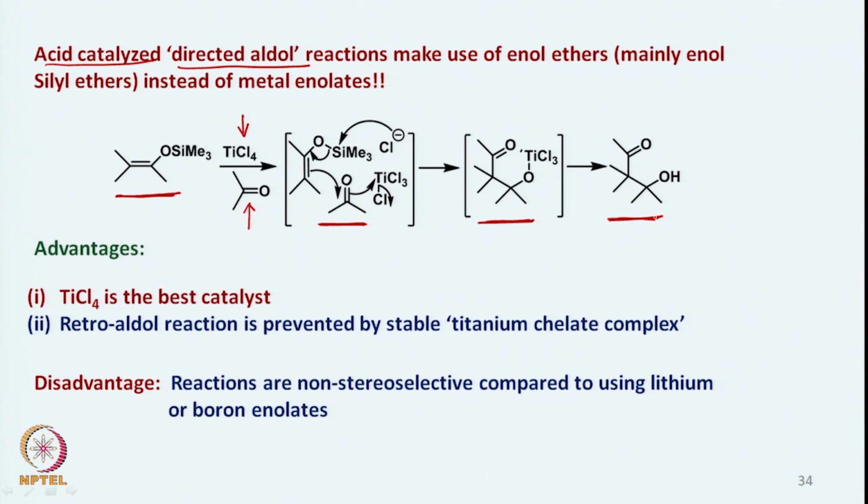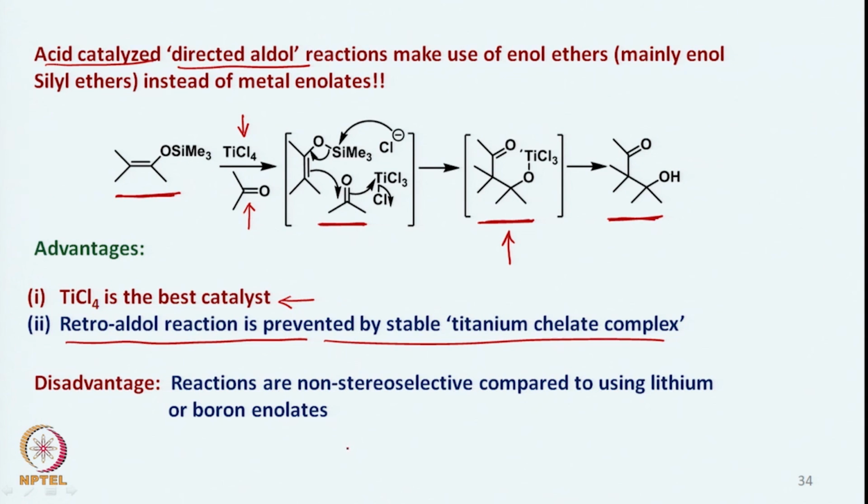The advantage is that TiCl4 is the best catalyst. Retro-aldol reaction is prevented, because every aldol reaction in principle can be a reversible reaction, but the titanium ketone complex like this here stops the reversion.